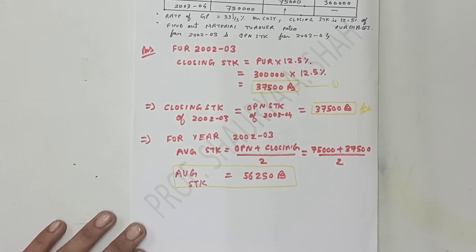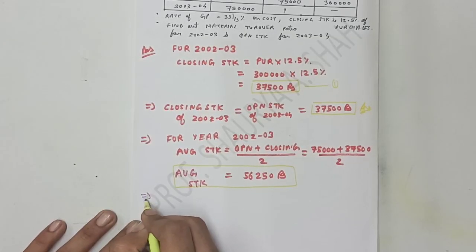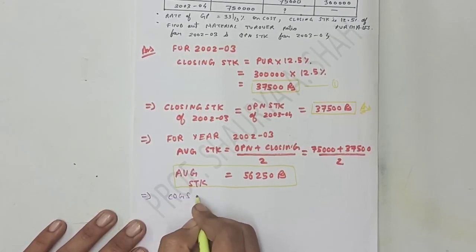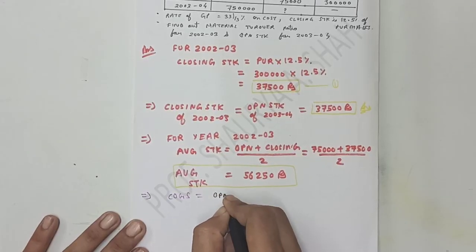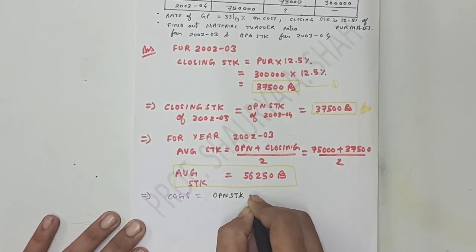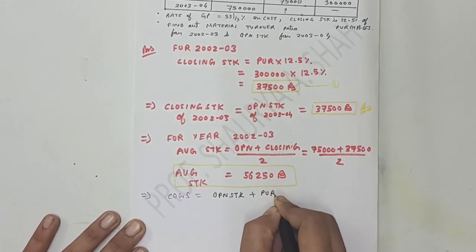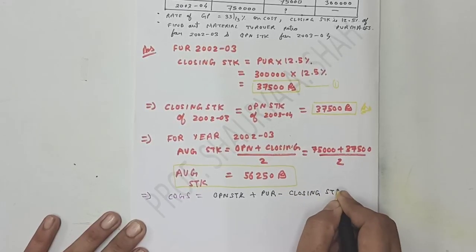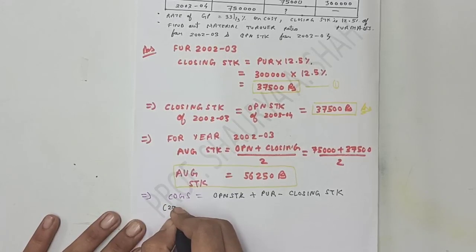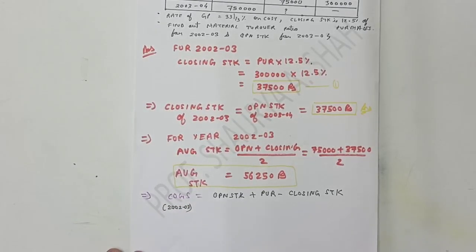So what I'll do is I'll just put up the formula: cost of goods sold is equal to opening stock plus purchases less closing stock. This is for the year 2002-3. Remember, students, for the year 2002-3, opening stock plus purchase minus closing stock.